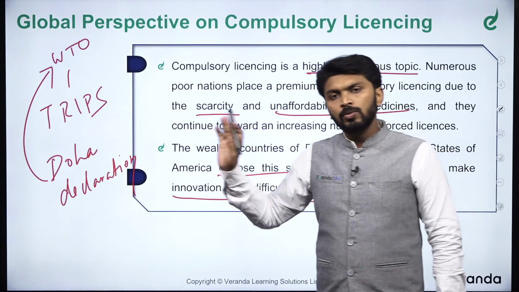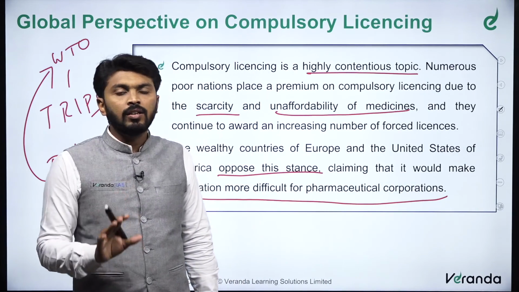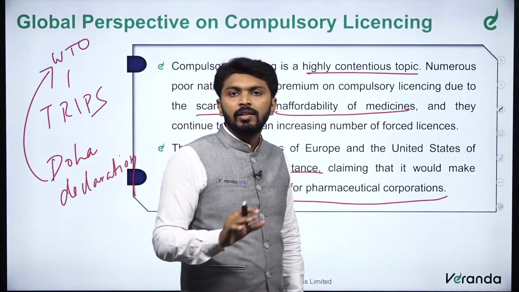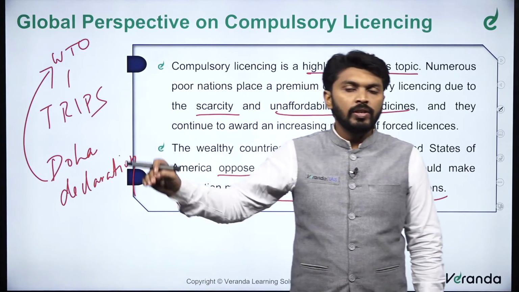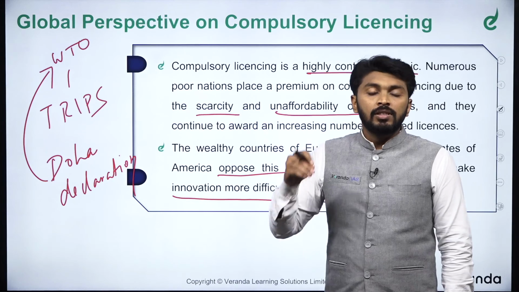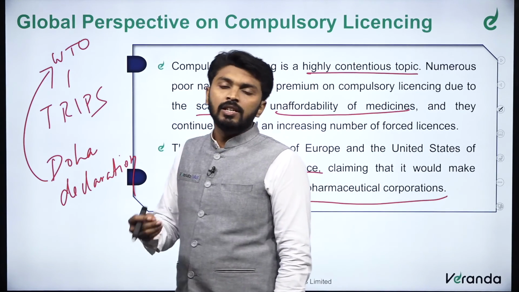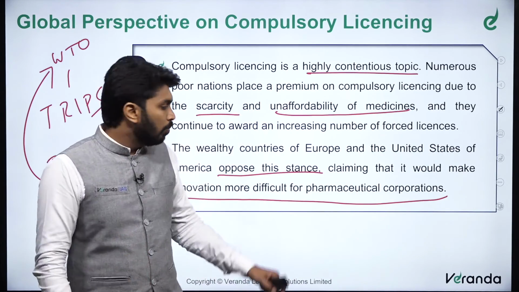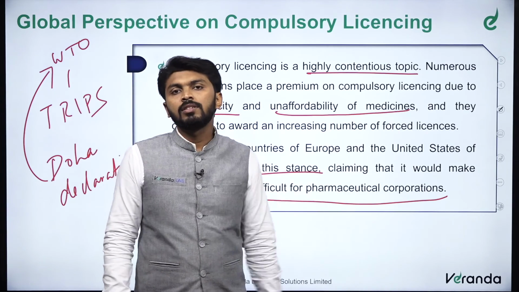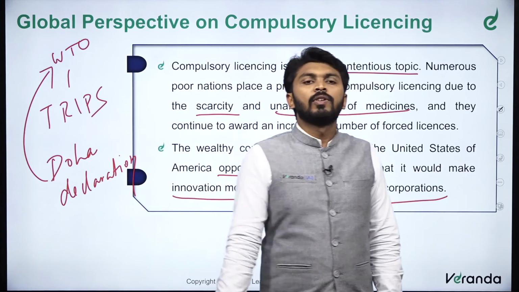So as of now, legally India does not have any bar or impediment in issuing compulsory licensing. But the governments of the day will hesitate to issue compulsory licensing, as it would hurt the sentiments of the business community, particularly the pharmaceutical corporations who are setting up shop in India for their product manufacturing.